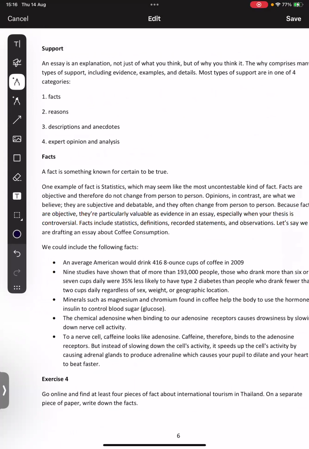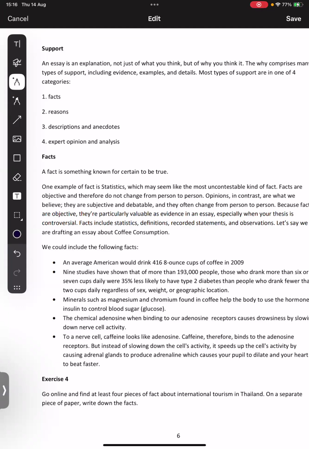In this chapter, we did talk about the structure of a supporting paragraph. You know what a body paragraph consists of, what a topic sentence is, and different ways to organize the body paragraph. We have deductive, inductive. The next thing we're going to be talking about is how to write supporting sentences.